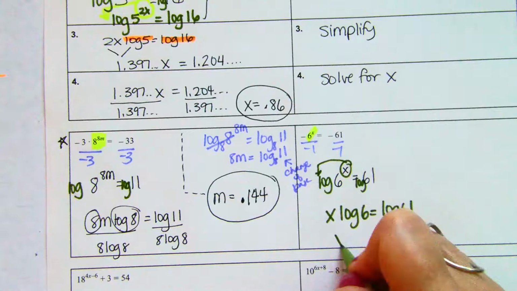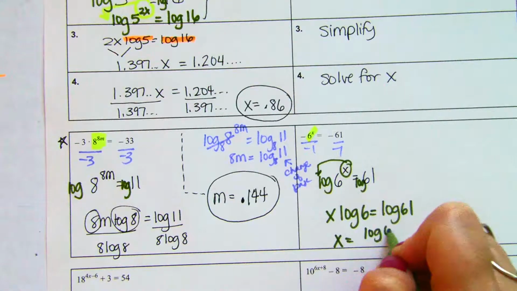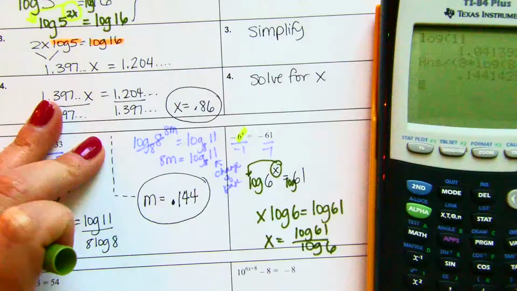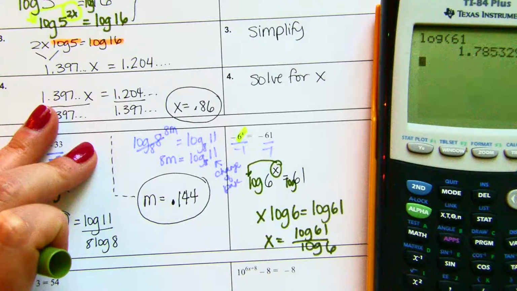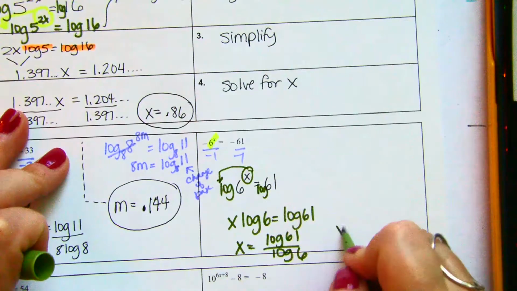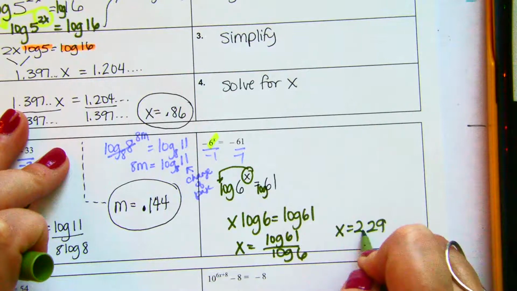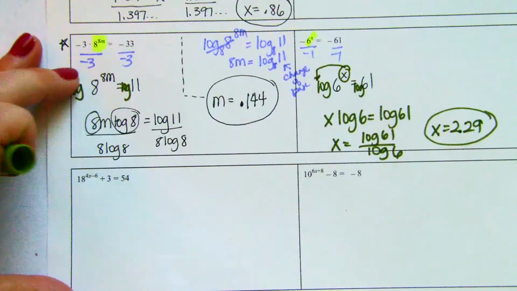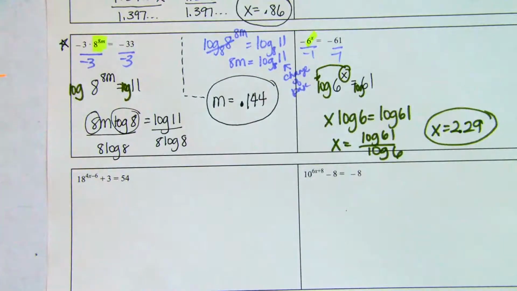And so then this one is just log of 61 over log of 6. So when I do that, log of 61 divided by log of 6, I get 2.29.